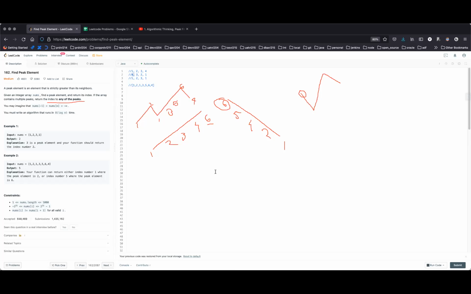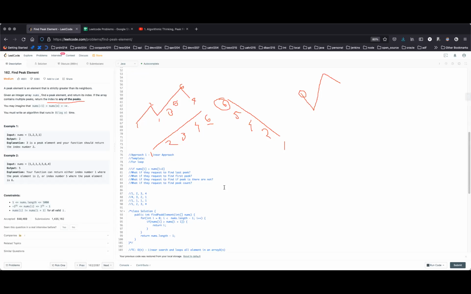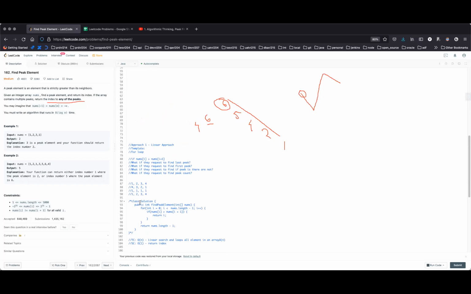I can quickly run through the program. It's written in Java, but the same O of n approach. So this is pretty much what we looked at in the sample, right?